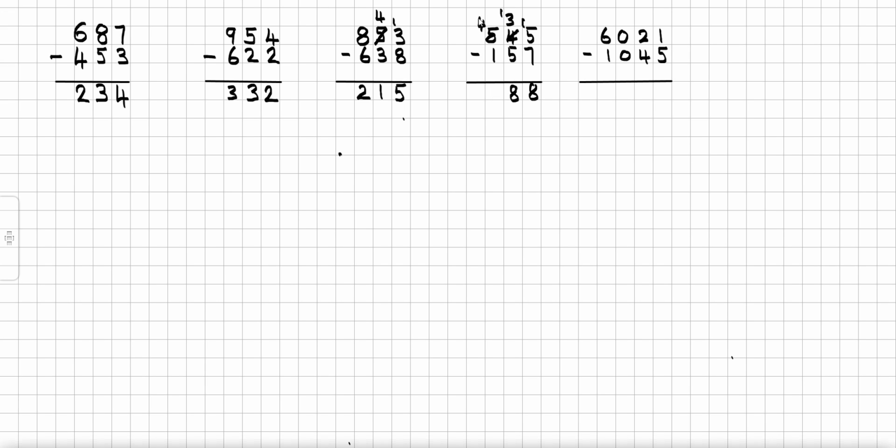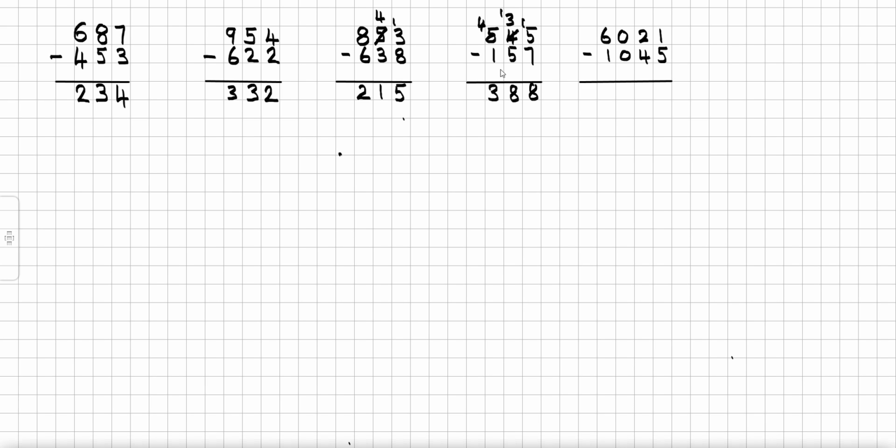And then we have 4, take away 1 is 3. Okay, so there we have it. So you're just borrowing from the column next, obviously the column to the left as you're looking at it.